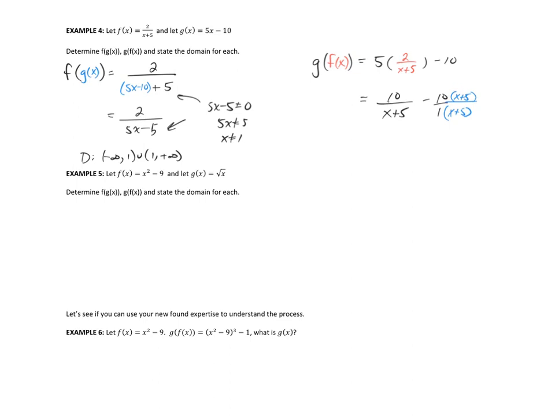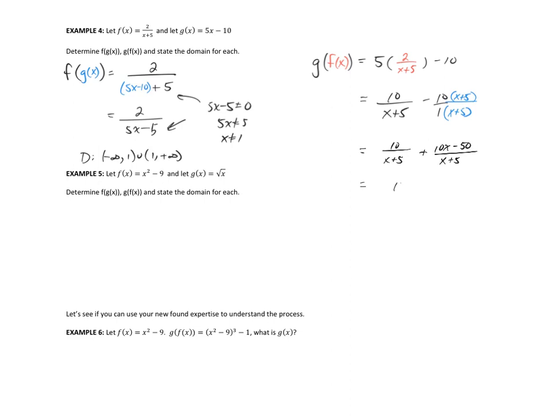So if we clean up this fraction on the right, that's going to be minus 10x minus 50 over x plus 5, and then we have 10 over x plus 5. We can now go ahead and group those numerators.